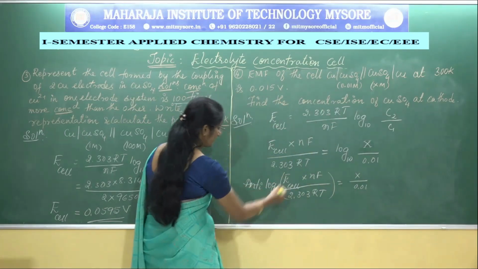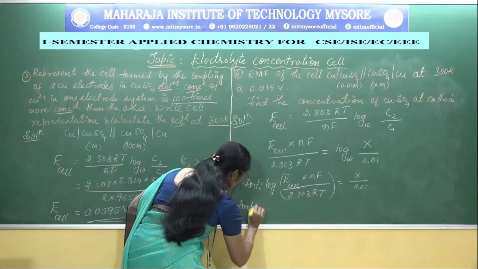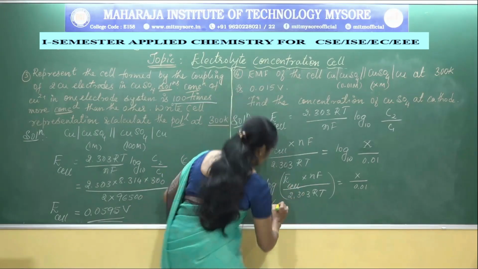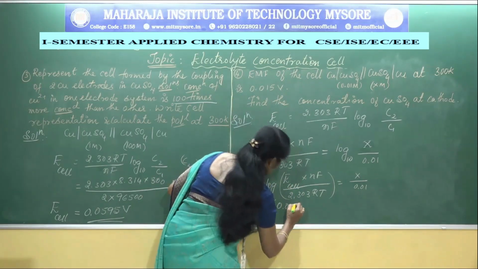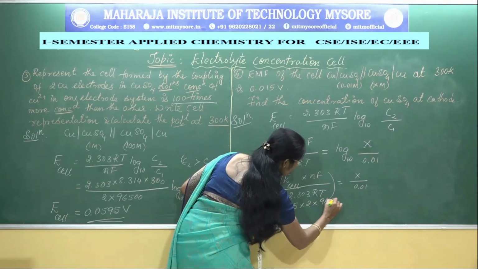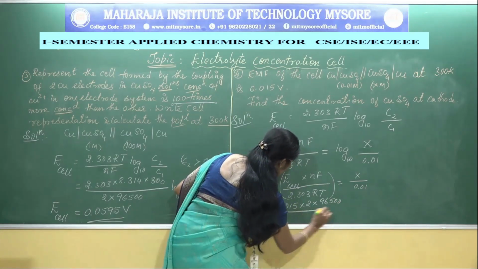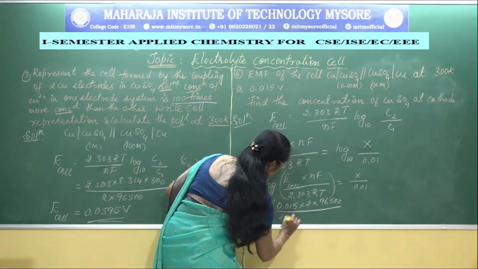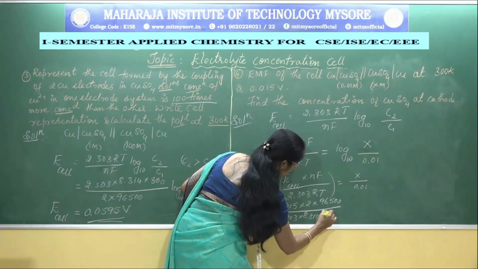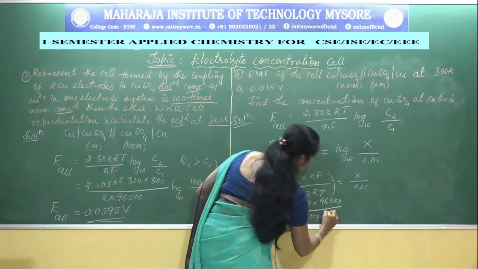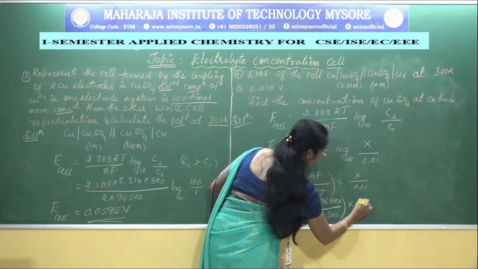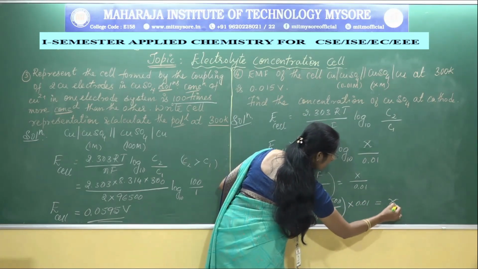Next, I will substitute the values. That is, anti-log of E cell value, which is 0.0591, N value is 2, F value is 96,500, divided by 2.303, R value is 8.314, into T value is 300, into 0.01 is equal to X. Is it clear?